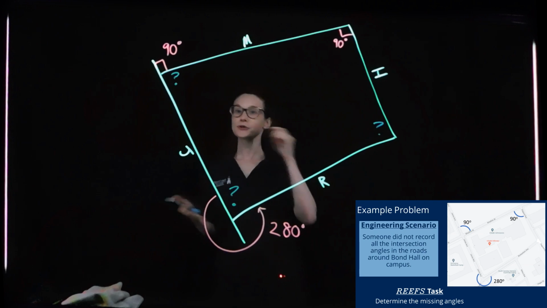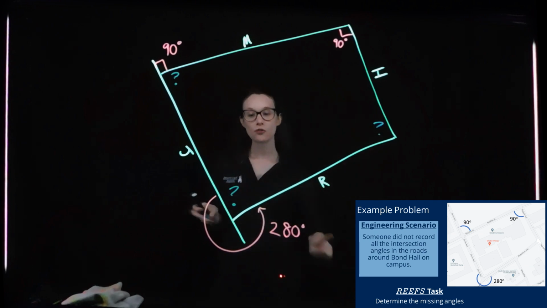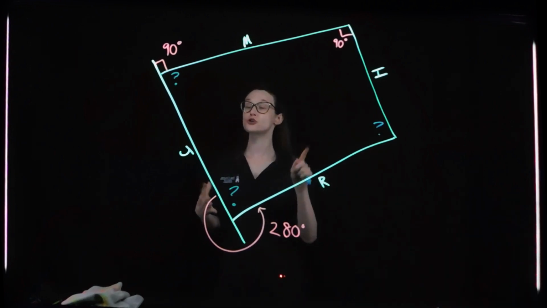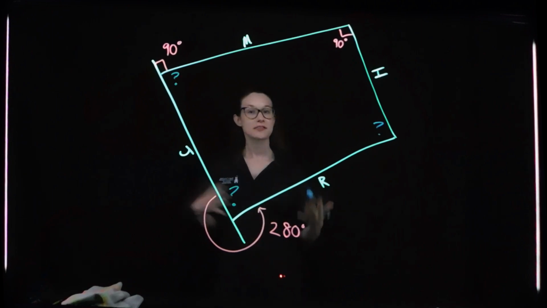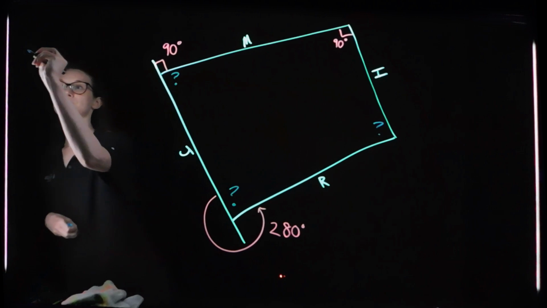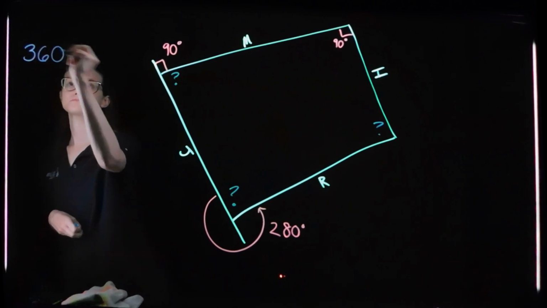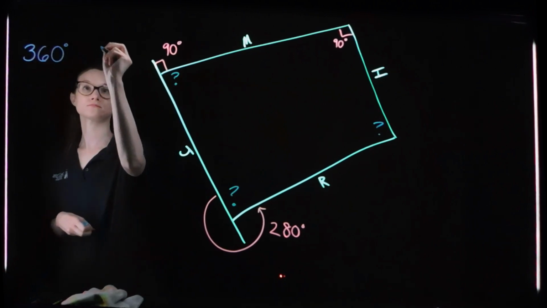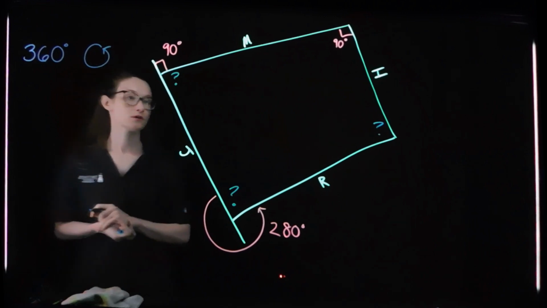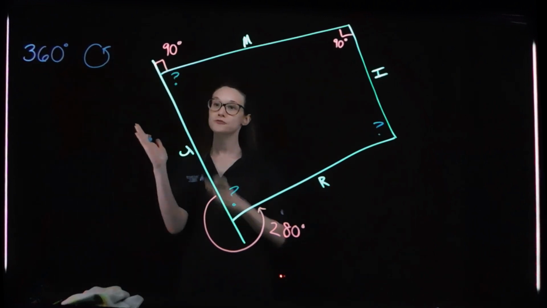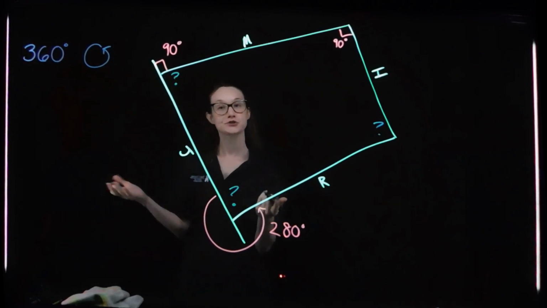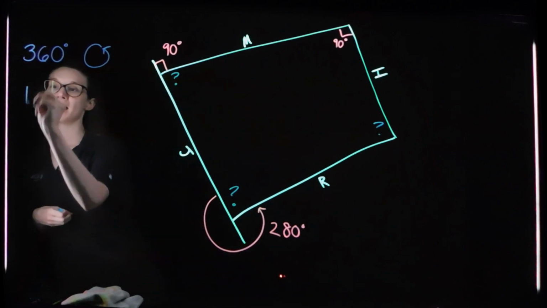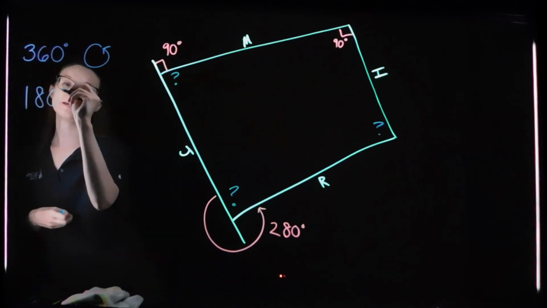So the thing to remember here, whenever we are going all the way in a full circle around an intersection, that's going to have to add up to 360 degrees. Or if I am going from edge to edge on a straight line, that will add up to 180 degrees.